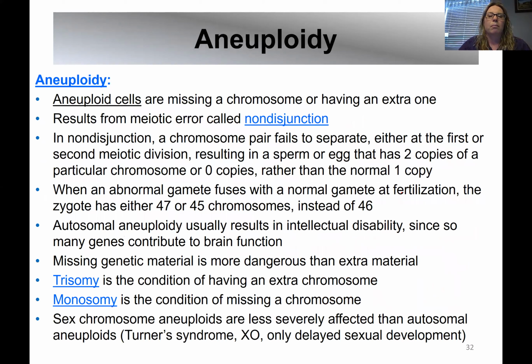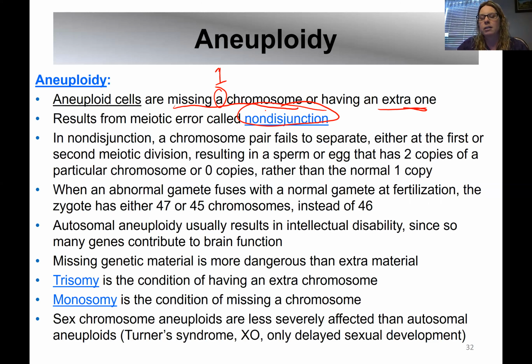More often though, we see what's called aneuploidy, and that's when you have 1 missing chromosome, or 1 extra chromosome. Typically this occurs from what we call non-disjunction. I'll show you the next diagram and show you what that means.